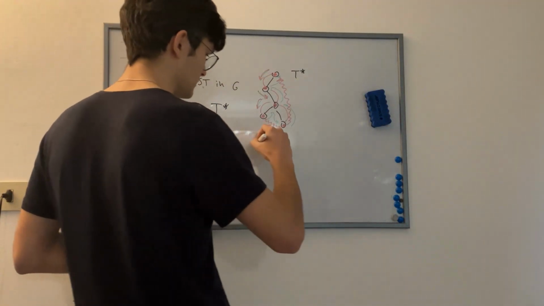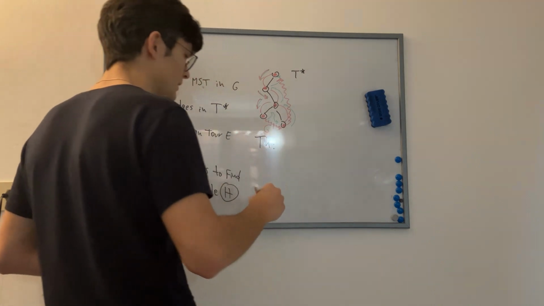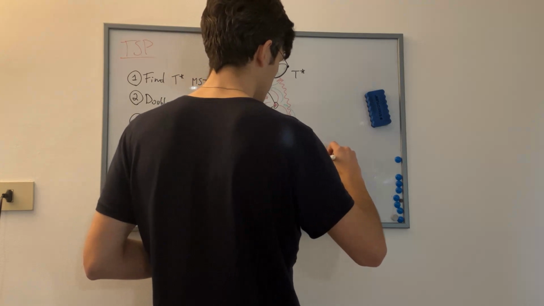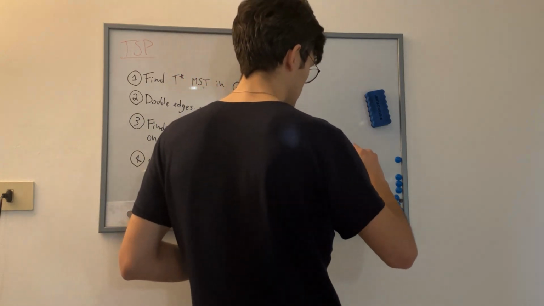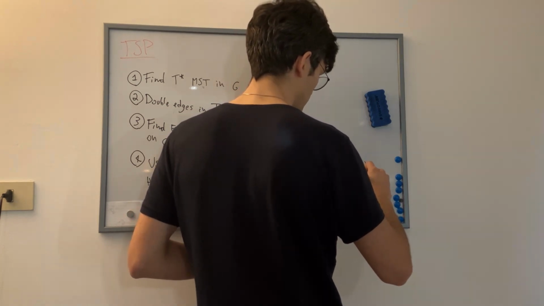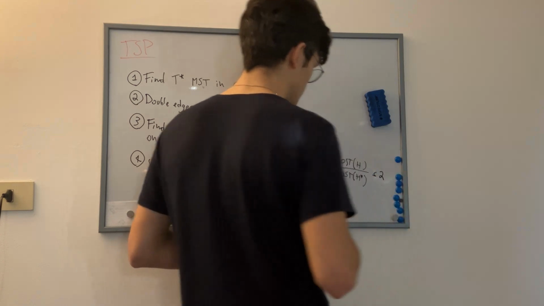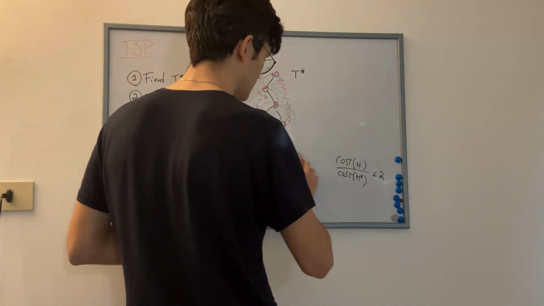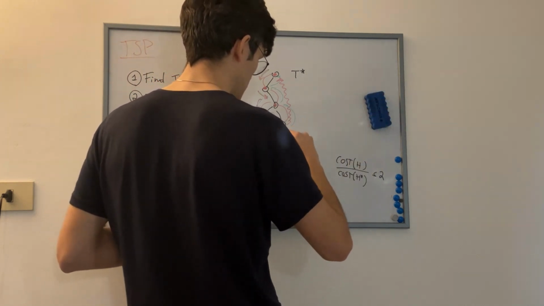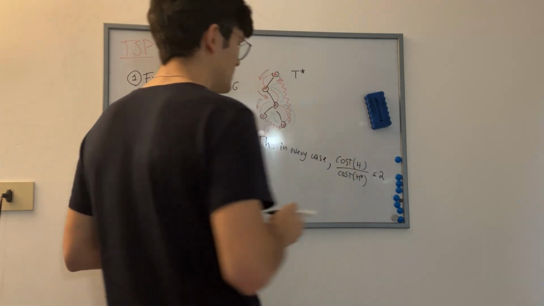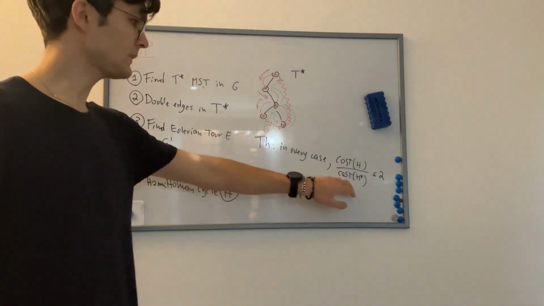So this is a theorem that we want to prove. In the worst case, we have that the cost of H divided by the cost of H star is less than or equal to 2. So in the worst case it is equal to 2, but in every case, this thing is less than or equal to 2.